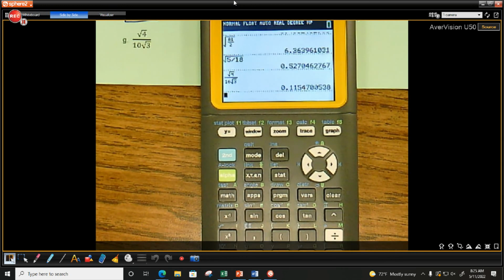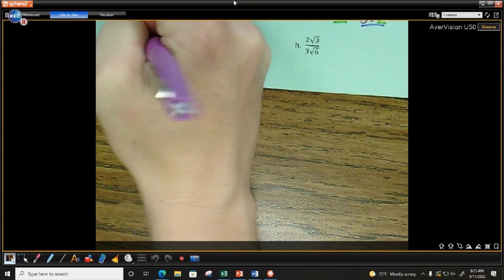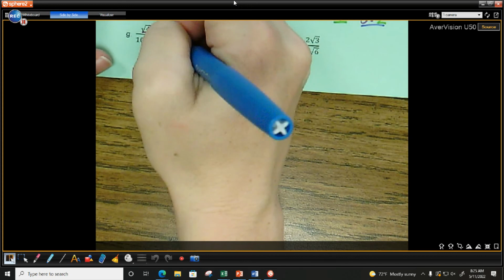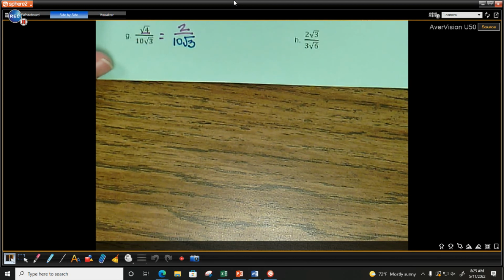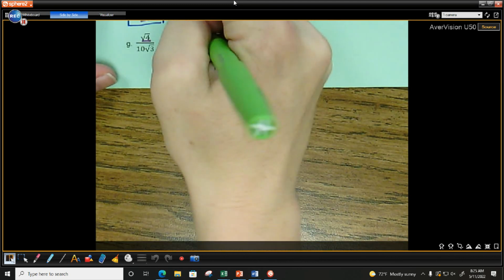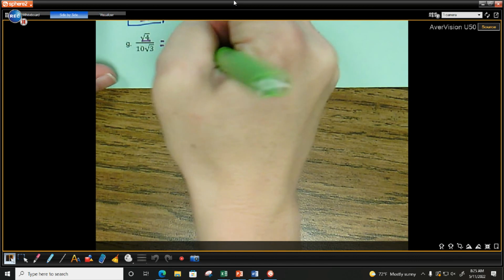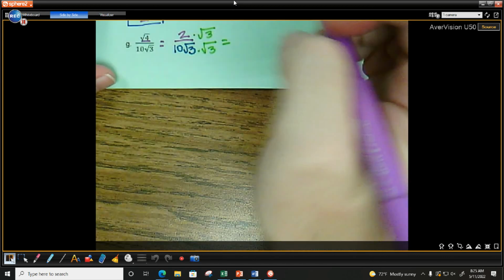Okay, what is the square root of 4, guys? 2. So the numerator just becomes 2 over. Can you simplify square root of 3? Nope. So what am I going to multiply by? Square root 3. So I get what in the numerator? 2 square root 3.